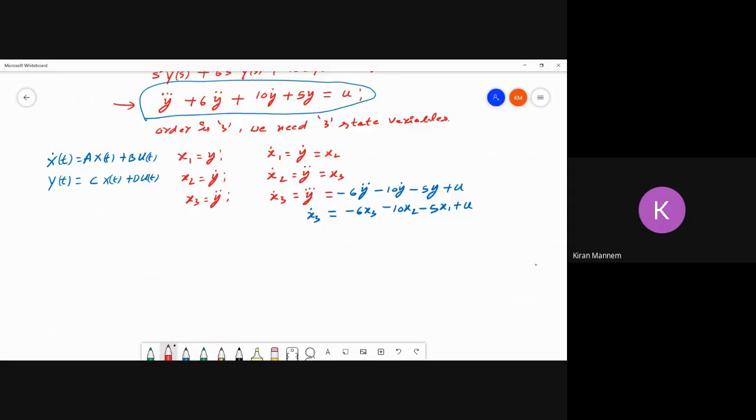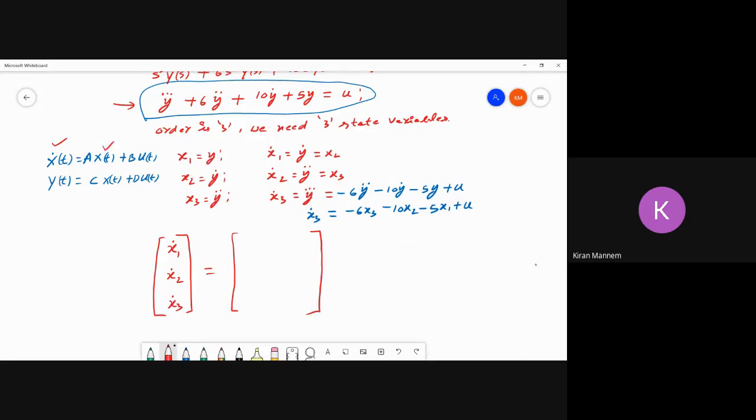The first one is x dot 1, x dot 2, x dot 3, which is equal to the A matrix. I'll keep it vacant first.